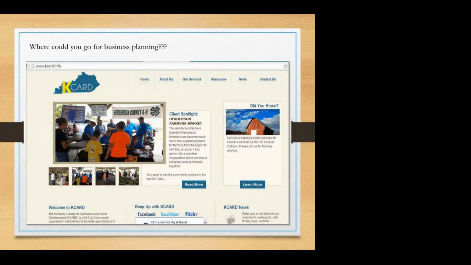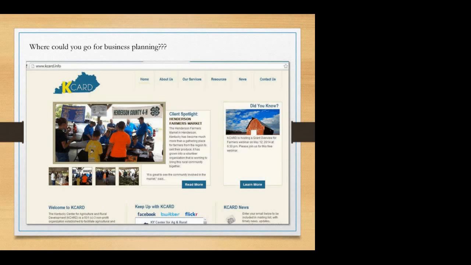KCard is financed or supported by the Kentucky Ag Development Board and also the USDA Rural Development Program RCDG grant, which is Rural Cooperative Development Grant. So we are supported by that. Our mission on both is specifically to assist entities in Kentucky.